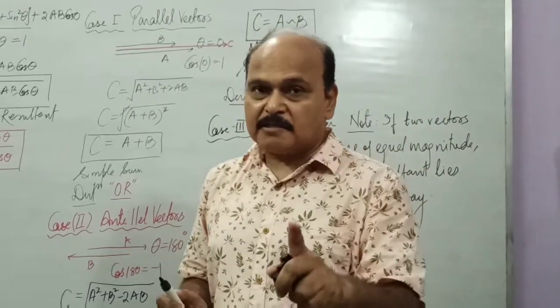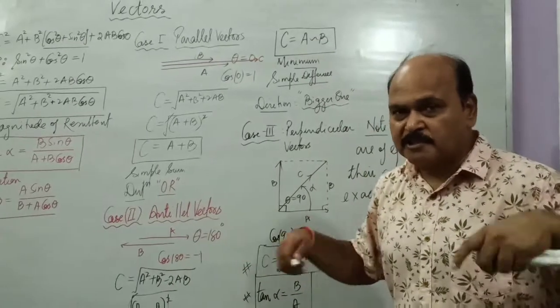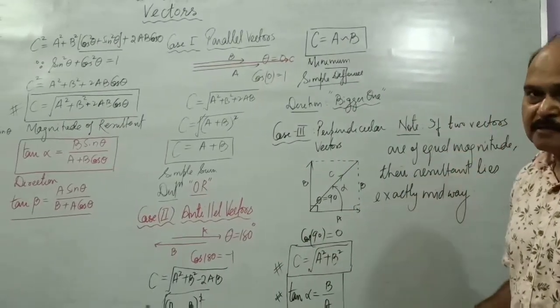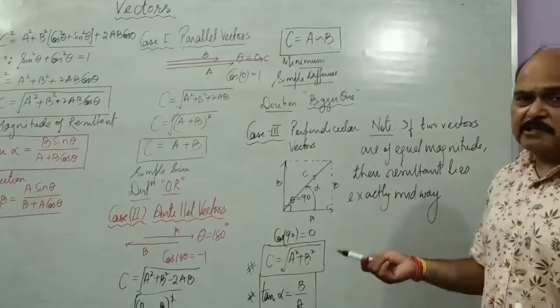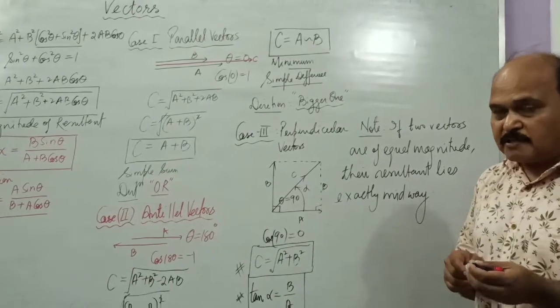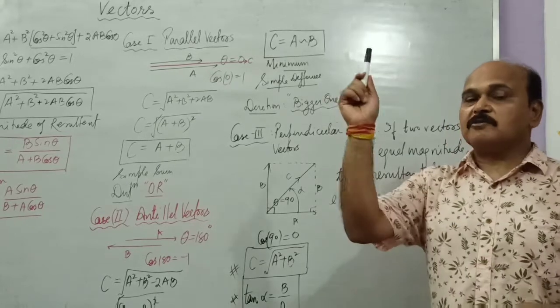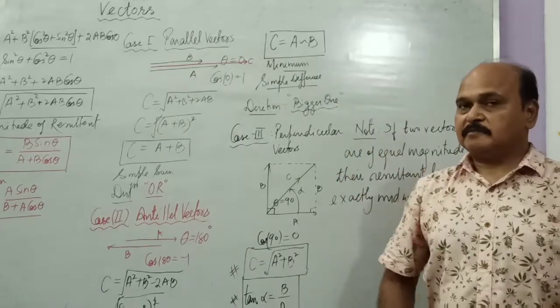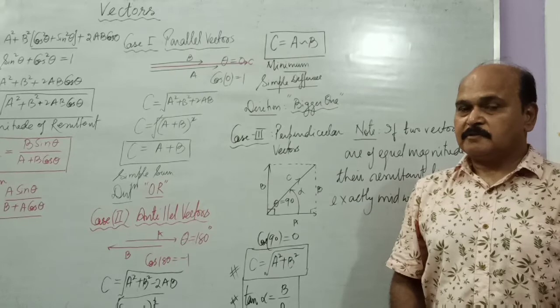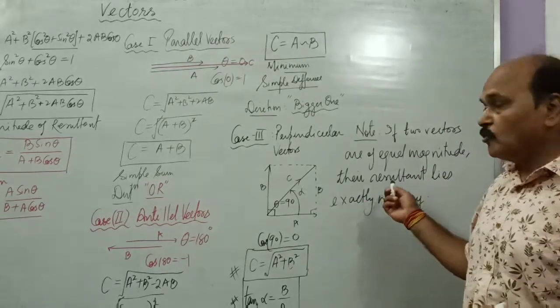That means in this case, you don't need to use any formula, you can straightaway write down the direction. Why is it so? It is so simply because if two adjacent sides of a parallelogram are of equal length, then their diagonal is also their angle bisector. So what is the logic behind this note?